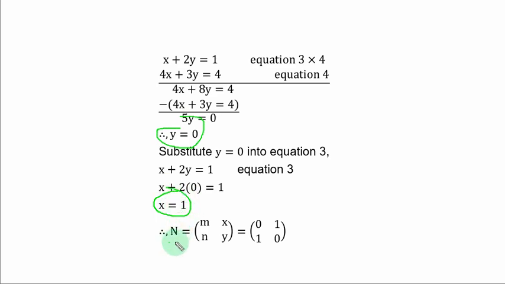So this is matrix N. m is 0, s is 1, then n is 1, and y is 0. So matrix N is the 2 by 2 identity or unit matrix.